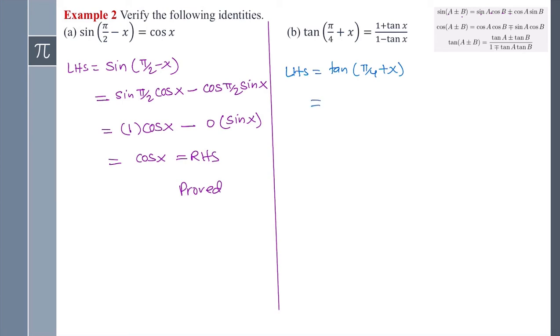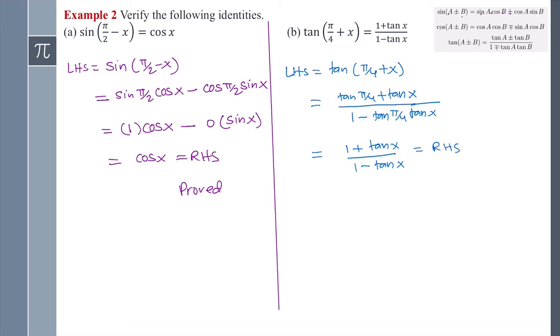Tangent A plus B is tangent A plus tangent B divided by 1 minus tangent A times tangent B. And then tangent pi over 4 is 1, so 1 plus tangent x divided by 1 minus tangent pi over 4, which is 1, times tangent x. So we obtain what we have on the right hand side, which means we proved this identity.